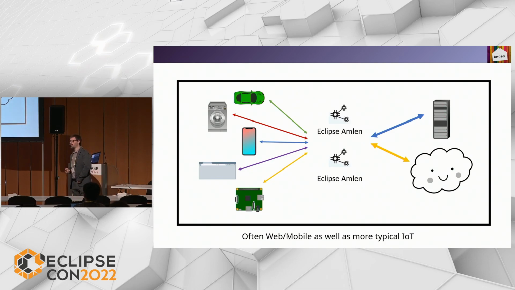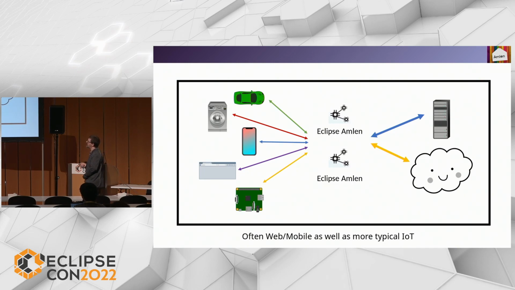So for example, for many years, the predecessor of Amlen was used for the Wimbledon tennis tournaments. You have a mobile phone app, and as each point is scored in Wimbledon, you got an update, and those updates go over MQTT to the mobile phone app. Through Amlen, you often get Amlen in pairs, and I'll talk about why later.